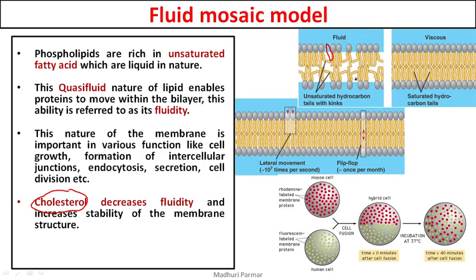So cholesterol will take up this space. It will get arranged in the space like this, and because of that, it will be almost uniform. There will be no more space for it to be fluid. So as you increase cholesterol content, you decrease the fluidity of the cell membrane.